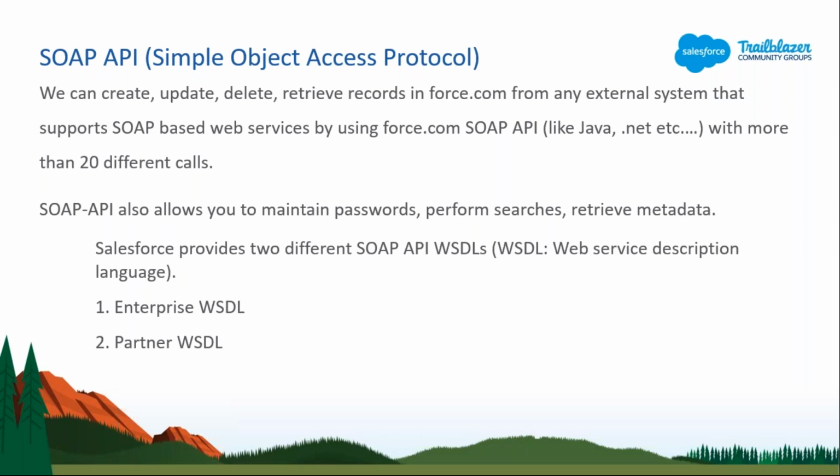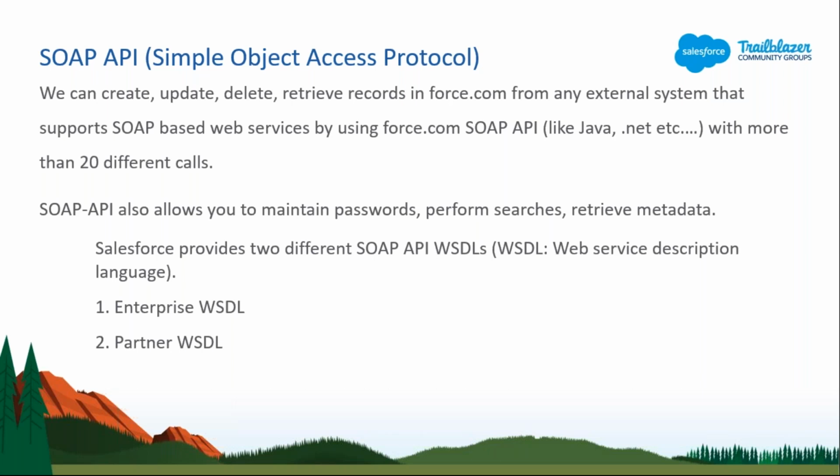You don't need to pass any endpoint here. A WSDL file is used here, which the external resource gives you in the response. There are two types of WSDL file, enterprise and partner, so let me give a brief introduction to each.